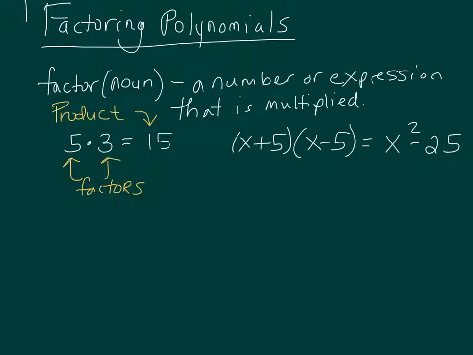Anytime you have the same two terms, but a plus between them in one expression and a minus between them in the other, the middle terms are going to cancel, and we get what we call a difference of squares. In this case, the product is x squared minus 25, and the entire expression x plus 5 is a factor, and the entire expression x minus 5 is a factor.